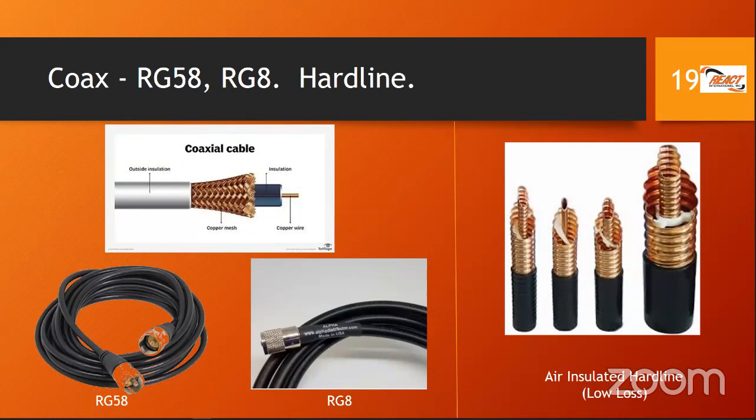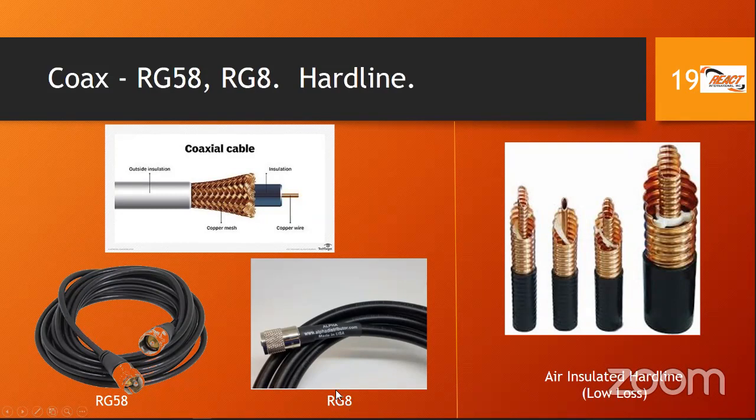Okay, so we talked about coaxial cable, or coax, as we fondly refer to it. And we mentioned RG58 cable. So bottom left-hand corner, you'll see the RG58 cable. Notice it's relatively thin.